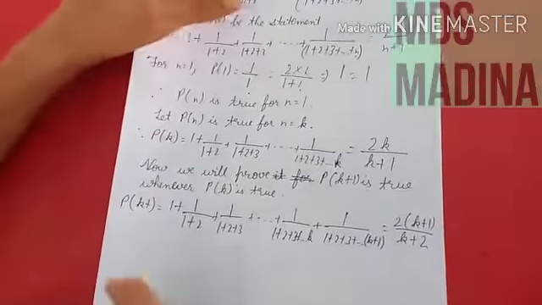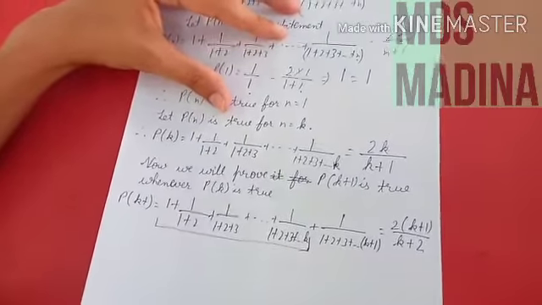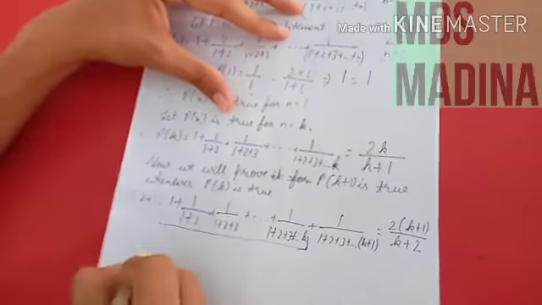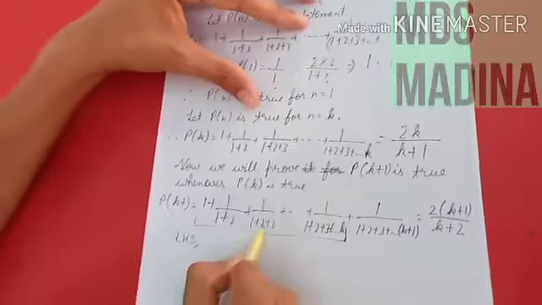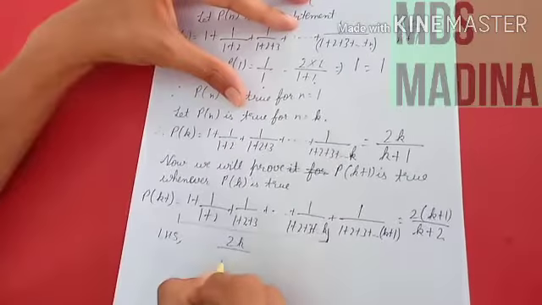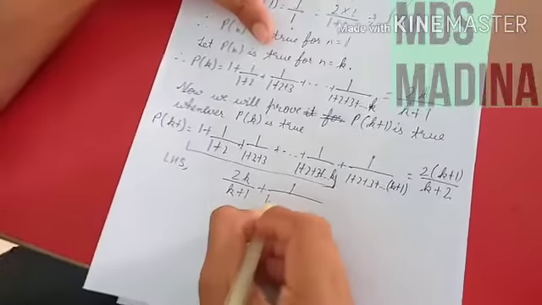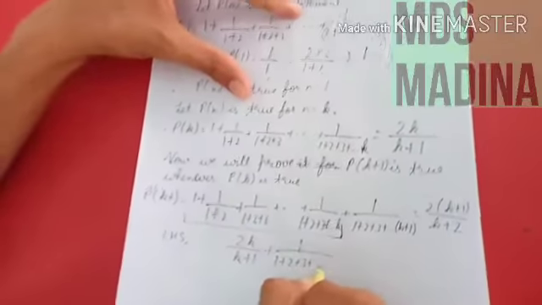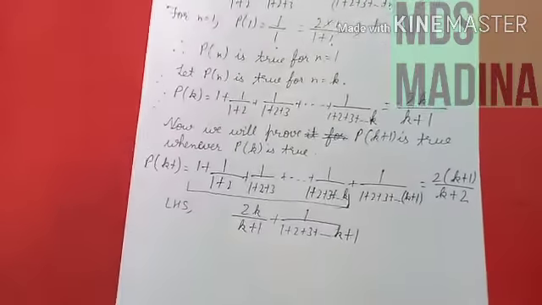Now if we take left hand side, we know its value, we will replace. So left hand side we are taking, in place of it we will get 2k by k plus 1 plus 1 by 1 plus 2 plus 3 up till k plus 1. Understood till here?